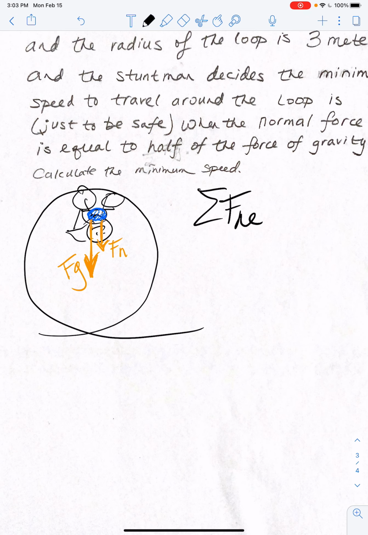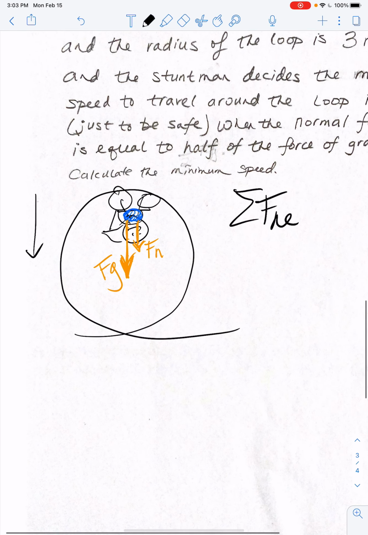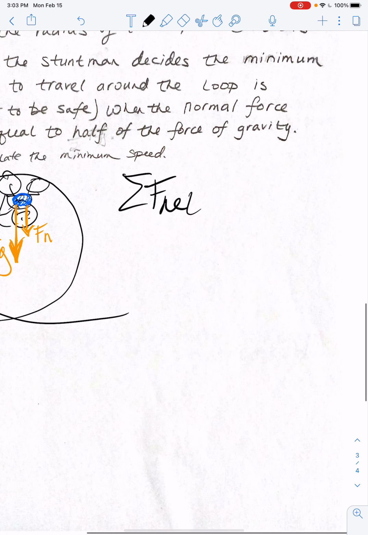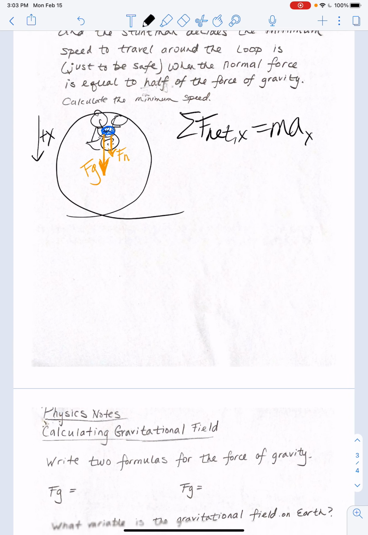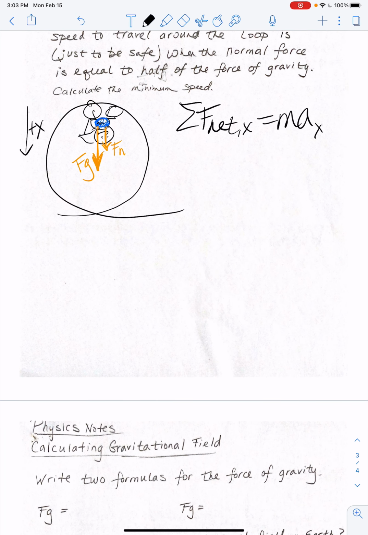Okay, so then over here, we'll sum our forces. We'll call into the center positive x, right? And so we can say Fnet in the x direction is equal to max. And we have Fg plus Fn is equal to m times a sub c, just like last time.